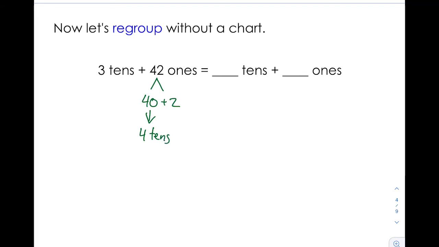And I'm going to add those 4 tens to the 3 tens. So then I have 7 tens, and 2 ones. Here we have 30 plus 42 makes 72, and here we have 70 plus 2 makes 72.